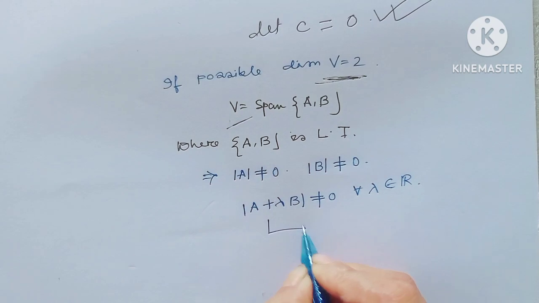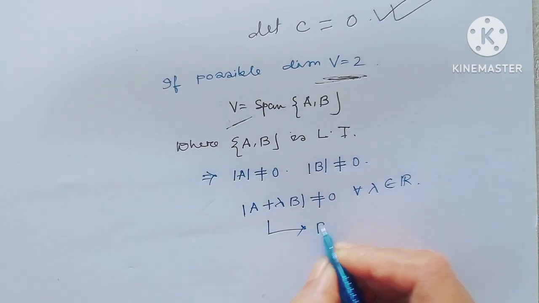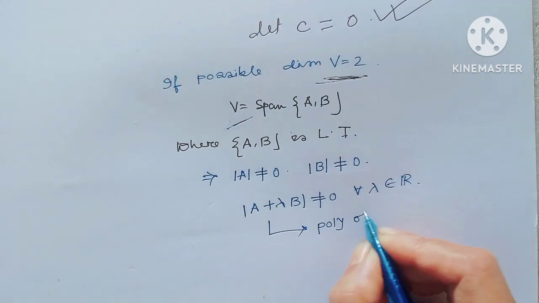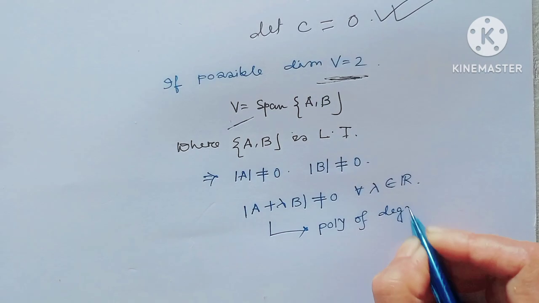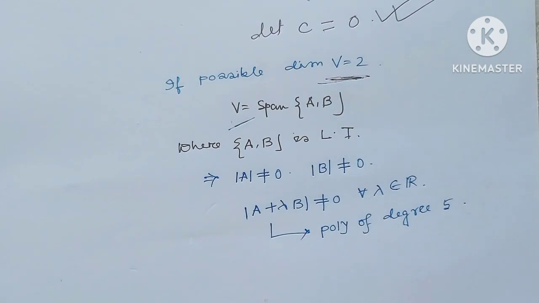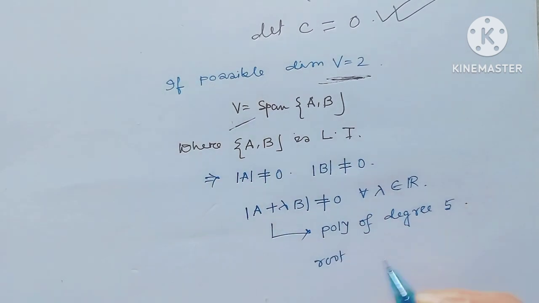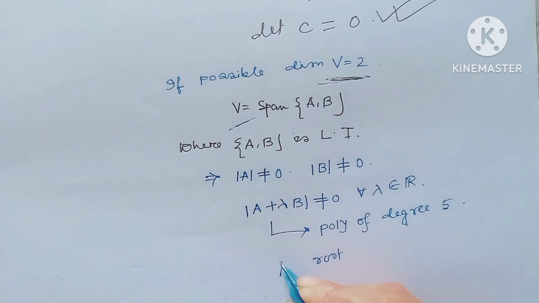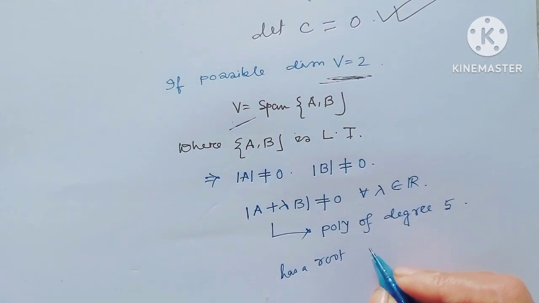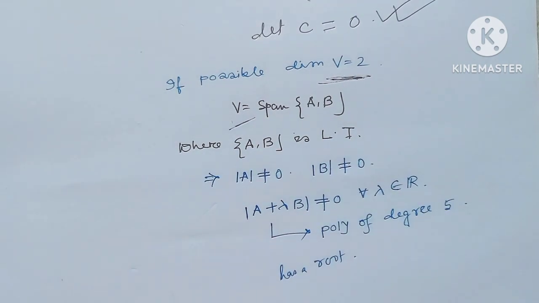And obviously det of A plus lambda B is a polynomial of degree 5. Since this is an odd degree polynomial, it obviously has a root, as all of us know by the fundamental theorem of algebra.